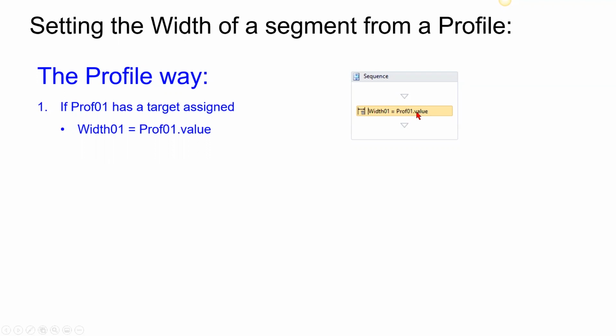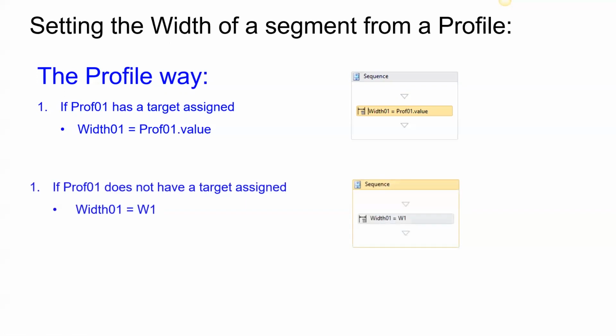What that means is, at station 2 plus 50, if my profile is at an elevation of 5, my value is 5, now width 01 is 5. If it does not exist, it just takes the value of W1 from my input parameters. So either way, I get a value for width 01.